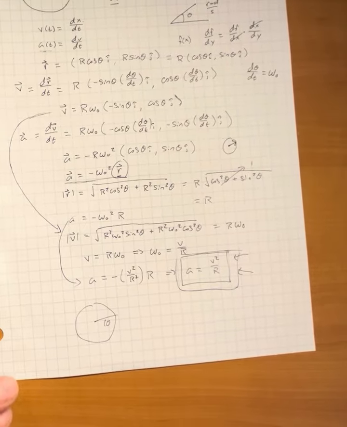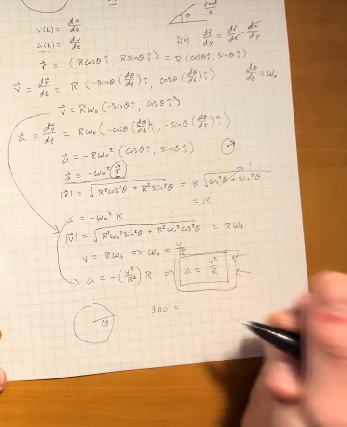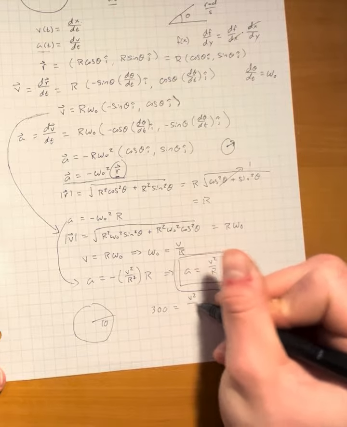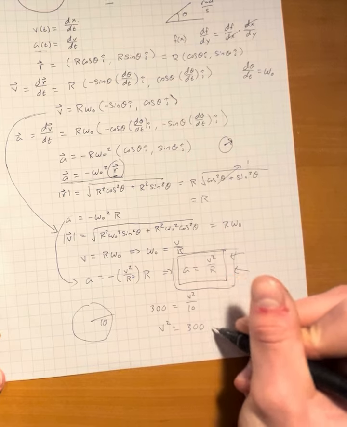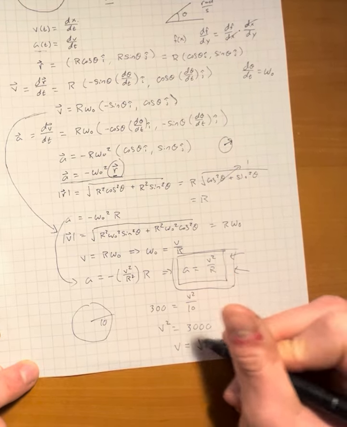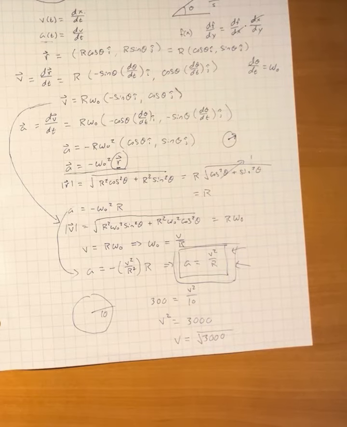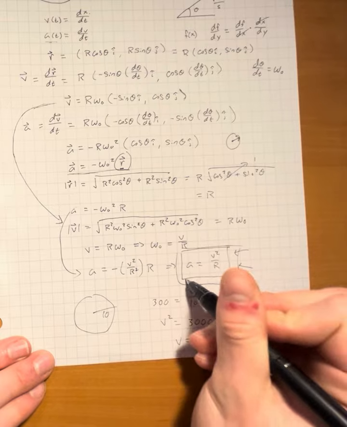You're going to have to figure out, okay, 30 Gs is 30 times 10, so 300 is your a, which is equal to v squared over 10, so v squared is equal to 3,000, and your maximum speed is the square root of 3,000 meters per second, which is really fast. Those are the types of questions you're going to have to answer, and this is the equation that you're going to need for that.